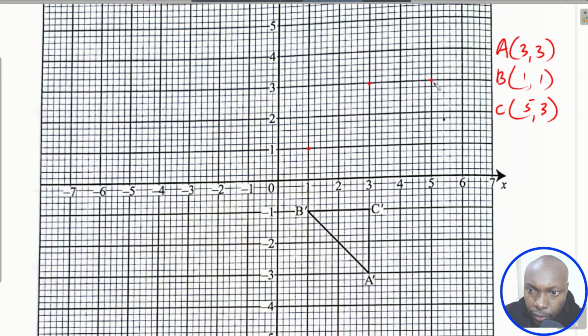Let me indicate these using letters. A is 3, 3, then B is 1, 1, then C is 5, 3. So C is there.